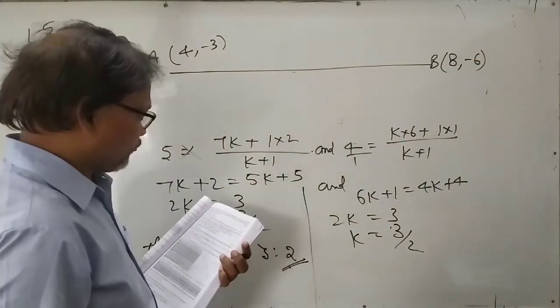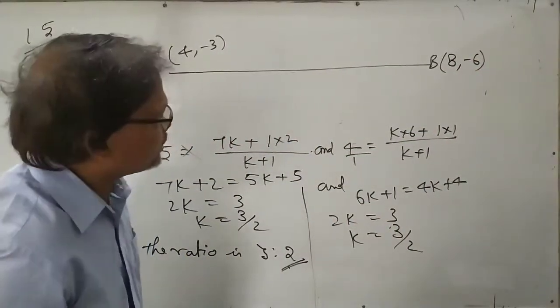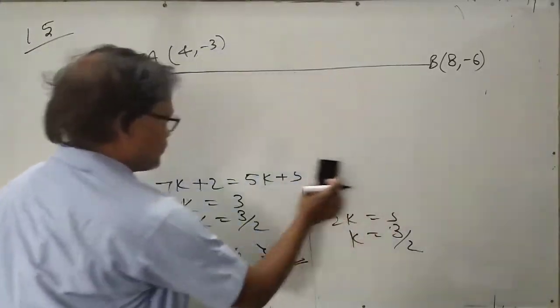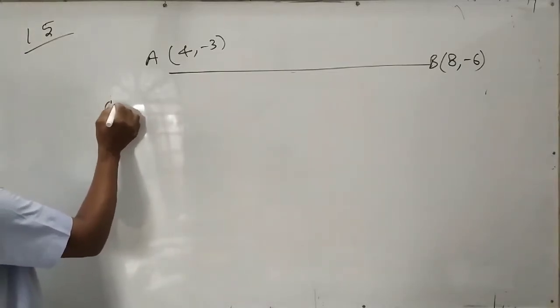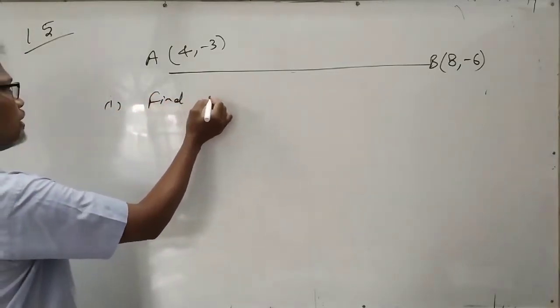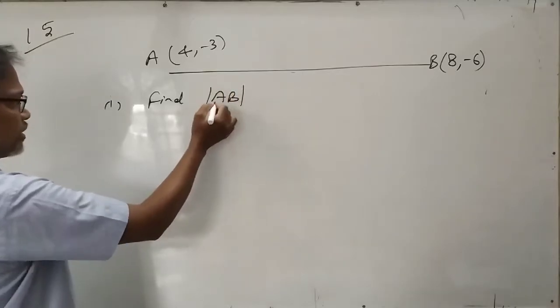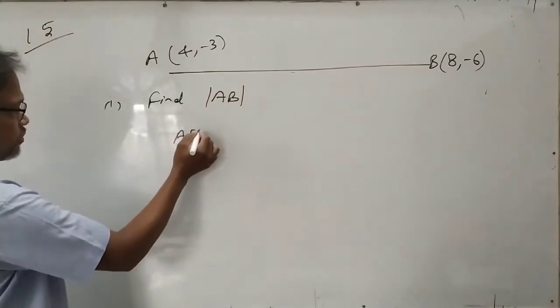First of all, find the length of AB. How to find the length of AB? Do you know? Using distance formula. मतलब AB की length निकालनी. तो distance formula use करें.